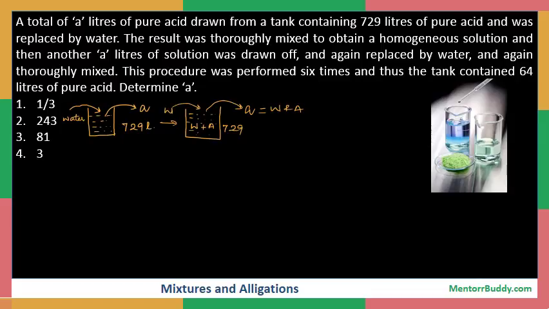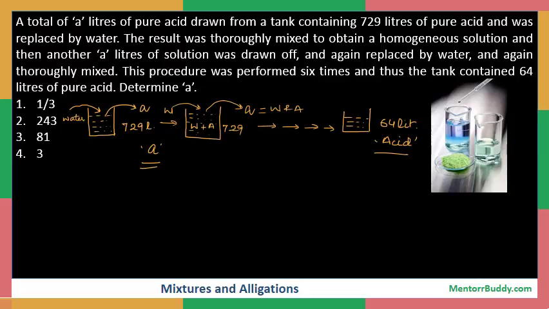So this process keeps on repeating a total of 6 times, and then the container contains 64 liters of acid in it. So now the question is, how much amount was withdrawn at every step? That is, what is the value of A that we are taking out from the container at each step?